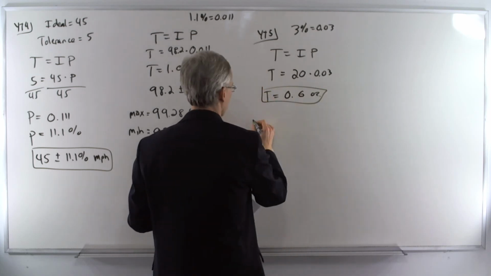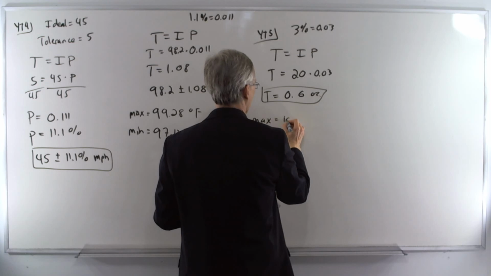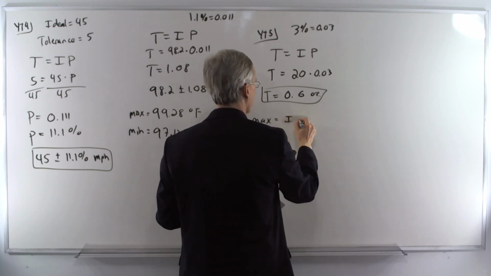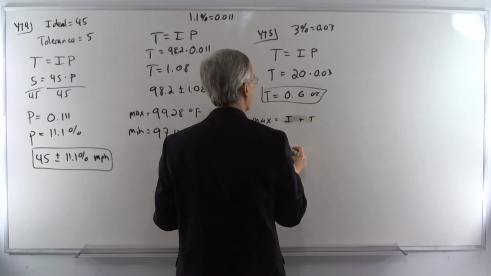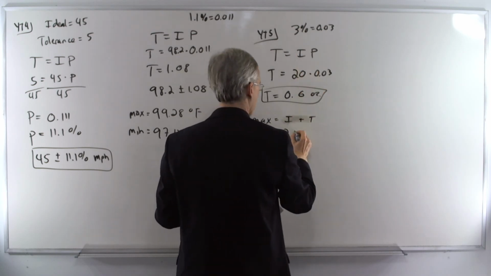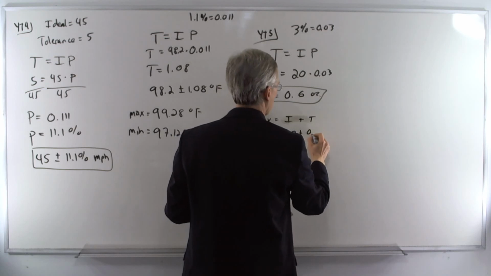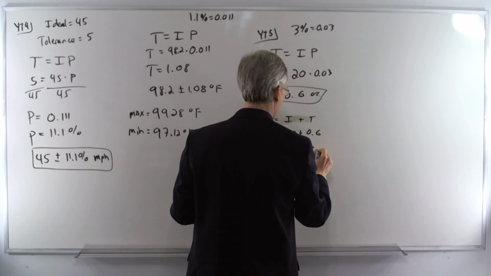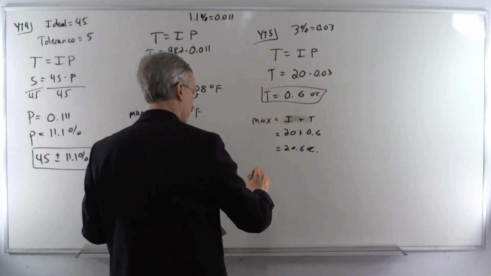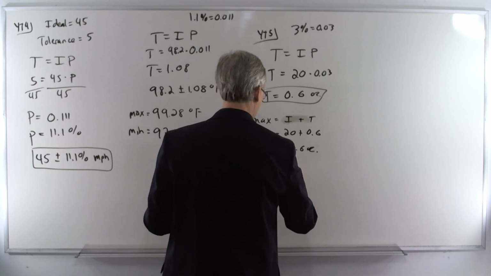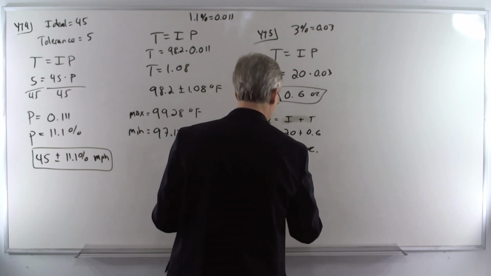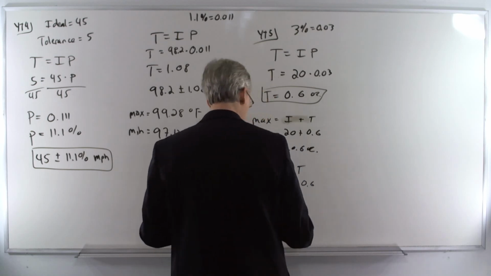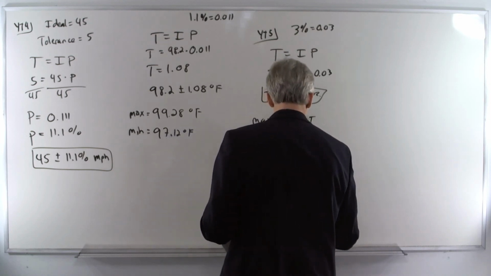And then the max, actually I'm going to write that as I. So the max will be the ideal plus the tolerance, which is 20 plus 0.6, so 20.6 ounces. And then the minimum is the ideal minus the tolerance, which is 20 minus 0.6, or the minimum is 19.4 ounces.